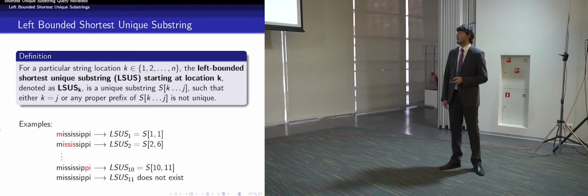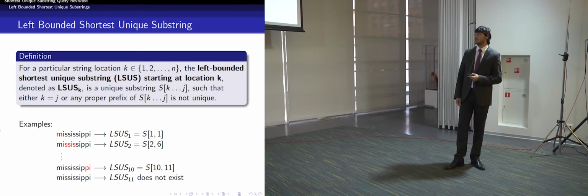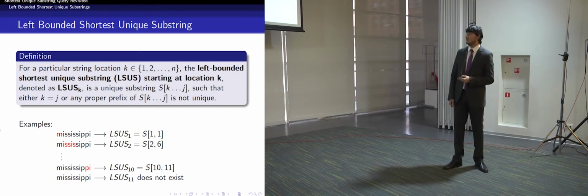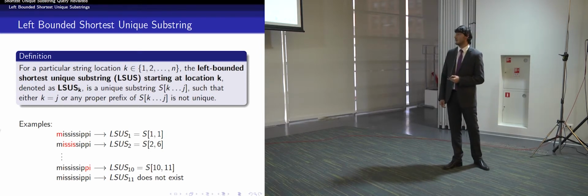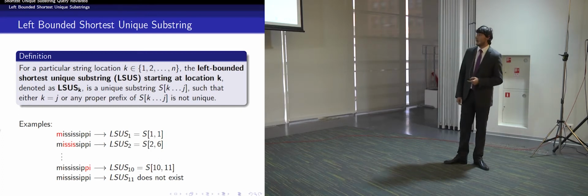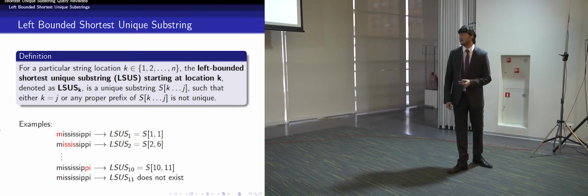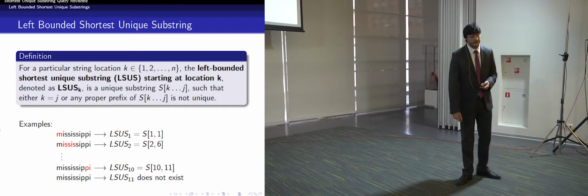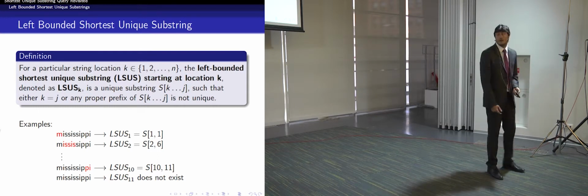M is the LSUS of length 1 for the first position. The ISIS is the LSUS of length 2 for the second position. We are skipping the middle parts. P is the LSUS of length 1 for the 10th position. And sometimes some LSUS may not exist, because the remaining suffix may repeat in the string.